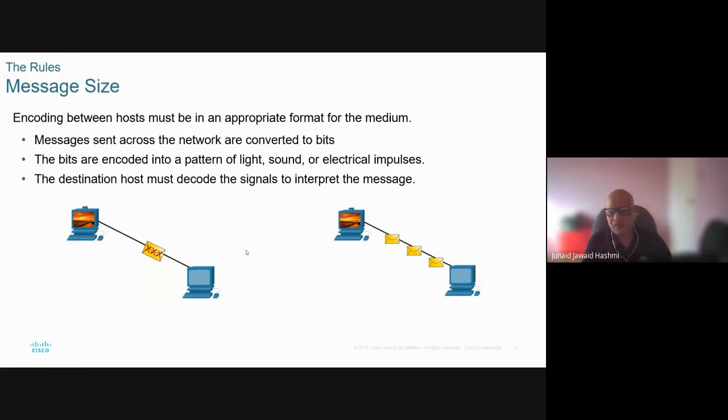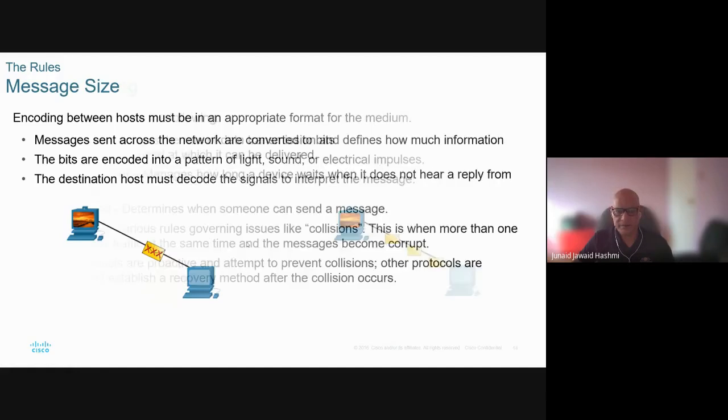The encoding between hosts should also be in the appropriate format, and the message size should be determined, meaning how big the message should be, measured in bits. And obviously the receiver must be able to decode the signal to interpret the message.